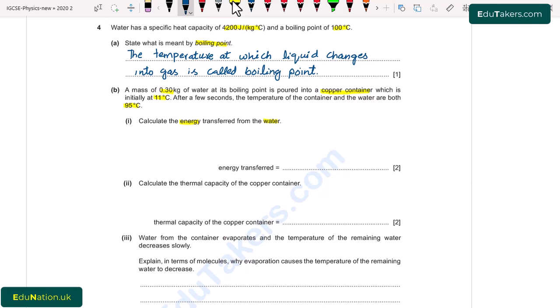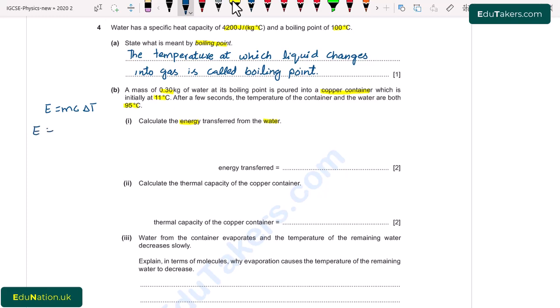We know that E is equal to mc delta T. Here m is the mass, c is the specific heat capacity, and delta T is the change in temperature for water. You can see in the question that the temperature is first 100 degrees C and then after some time it becomes 95 degrees C. So here we have to find the energy.